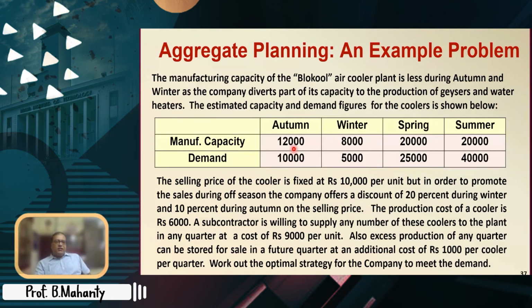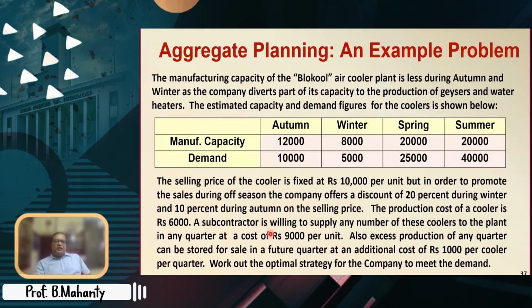So manufacturing capacity in autumn 12,000, demand is 10,000; winter 8,000 and 5,000; spring 20,000 and 25,000; summer 20,000 and 40,000. The selling price of the cooler is fixed at rupees 10,000 per unit, but in order to promote the sales during off-season, the company offers a discount of 20% during winter and 10% during autumn. The production cost of a cooler is rupees 6,000.